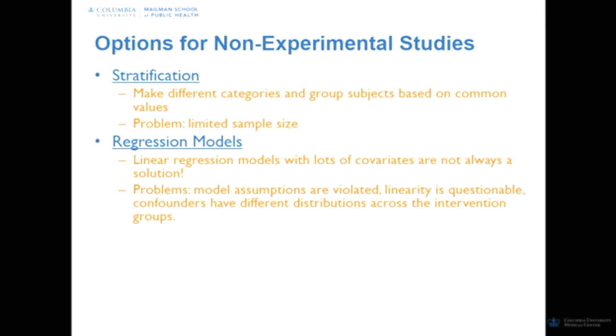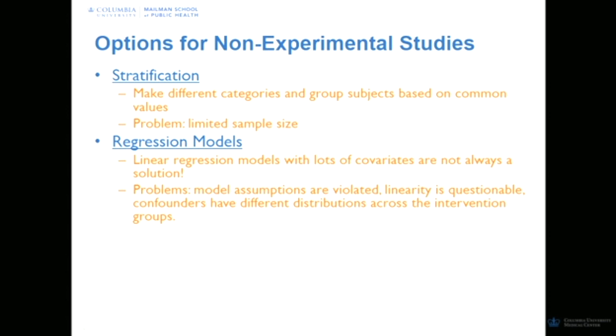These regression models also come with a lot of assumptions that pretty much remain unchecked. Linearity, different distribution of residuals, and even an unequal distribution of confounders across the treatment groups.